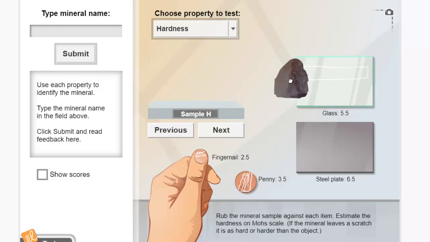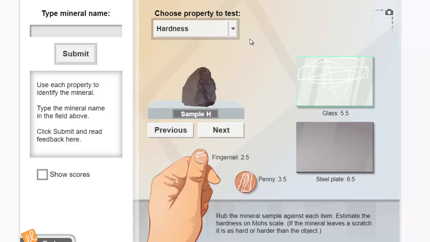Let's go to the glass, and it does scratch the glass, so now we know it's harder than 5.5. Therefore it's 6. Let's see if it's harder than 6.5, and it's not. The steel plate is harder than the hematite. So the hematite is definitely 6.0, but not 6.5 or harder. I wanted you to see that.